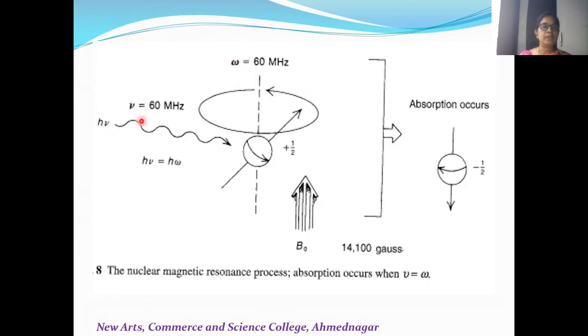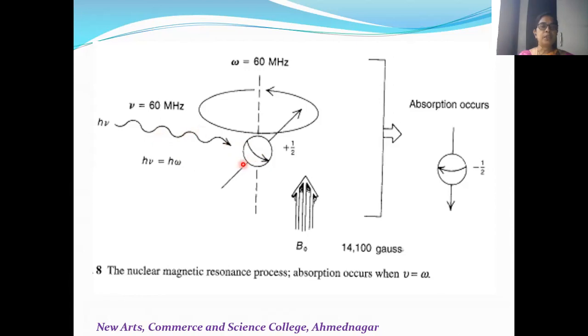Now I am providing radio frequency radiation whose frequency is also 60 megahertz. At this point, the nucleus will absorb the energy from the radiation. The magnetic field of the nucleus is in resonance with the magnetic field of the radiation. And so the two fields are in resonance with one another. We say the nucleus is in resonance with the radiation.